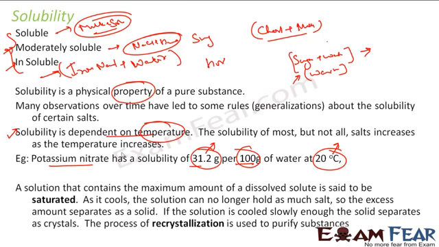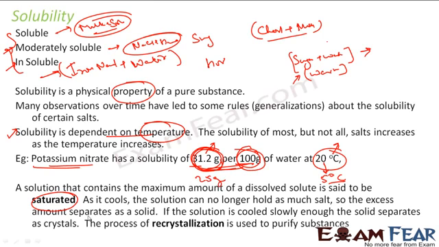A solution that contains the maximum amount of dissolved solid is called saturated. For example, if I take 100 gram of water and dissolve this much potassium nitrate, I call it saturated. Now if I cool it to, let's suppose, 5 degrees Celsius, at 5 degrees Celsius it can hold, let's suppose, only 25 grams.